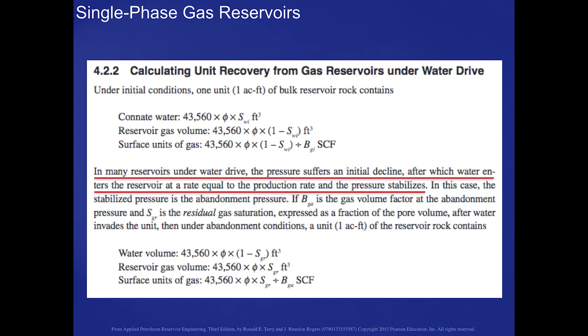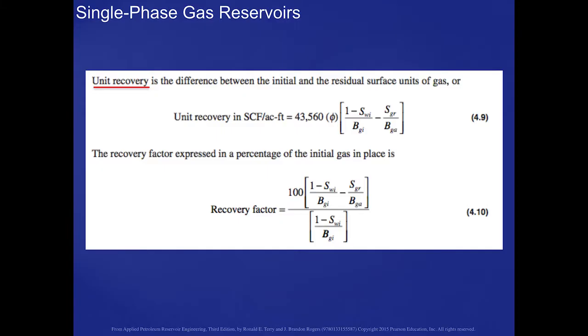And you can see at the bottom of this slide an expression for that reservoir gas volume at that abandonment gas saturation, S sub GR. The unit recovery in this case would be given by equation 4.9 in this slide, and the recovery factor by equation 4.10.